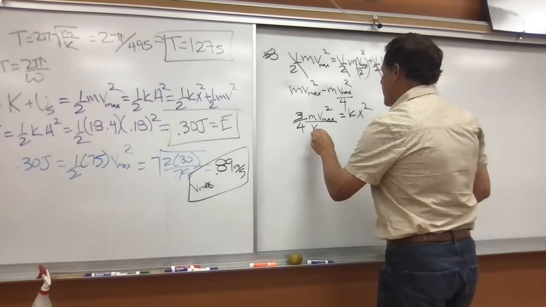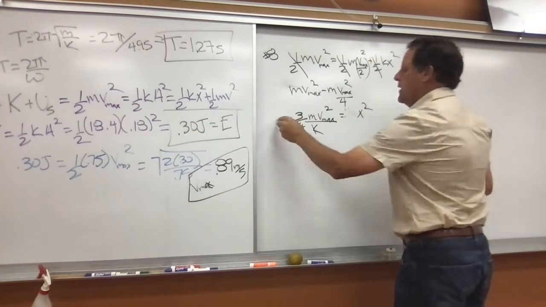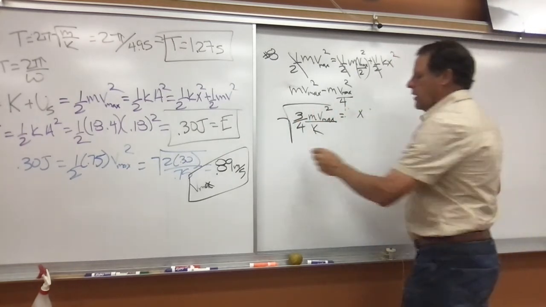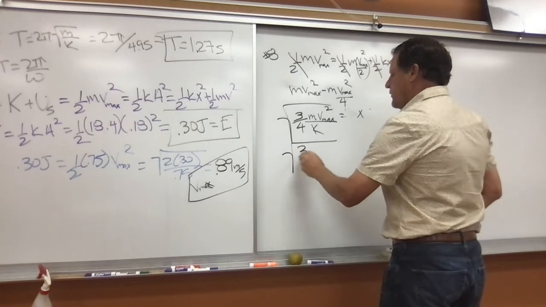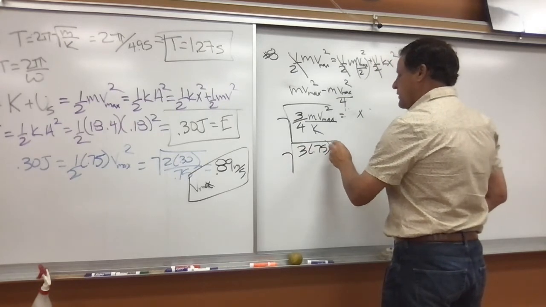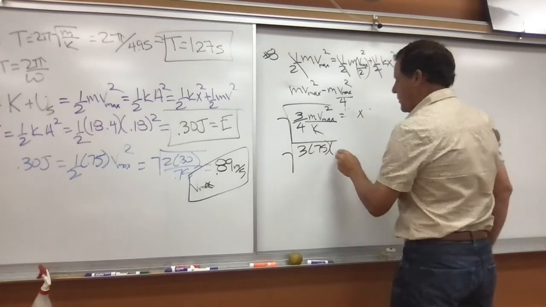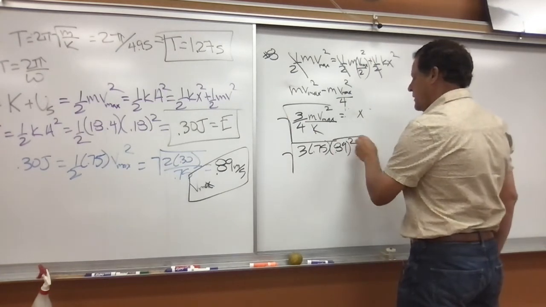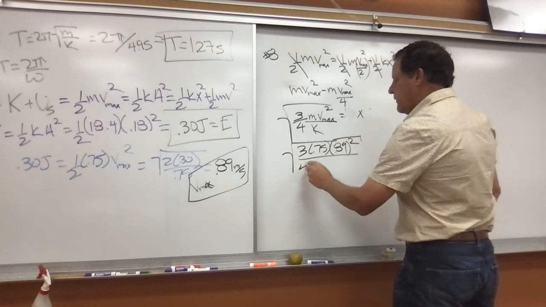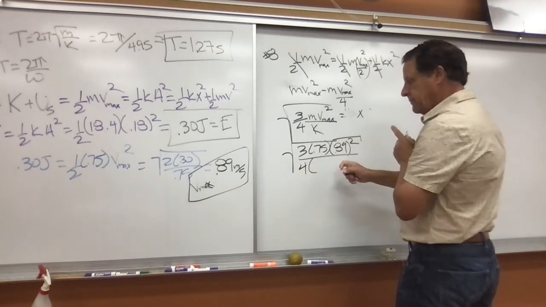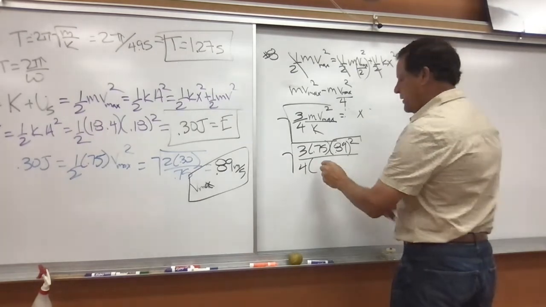We're going to divide by k, and then we're going to take the square root. So now the square root of 3 times 0.75 times our v max, which is 0.89 squared, divided by 4 and divided by k, which is 18.4.